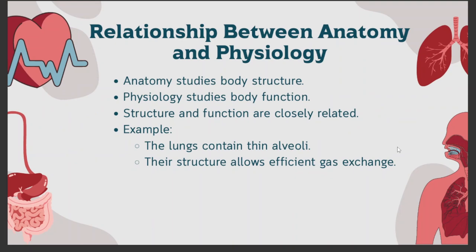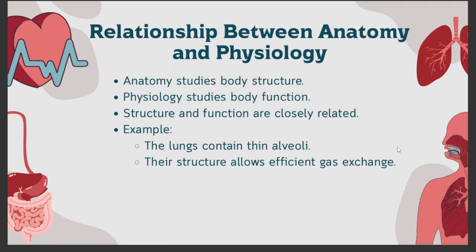Right. Now, what is the relationship between anatomy and physiology? Anatomy studies body structure, while physiology studies body function. That is very, very important. For example, you have the lung, and in it an organ called the alveoli, which is where gas exchange takes place.